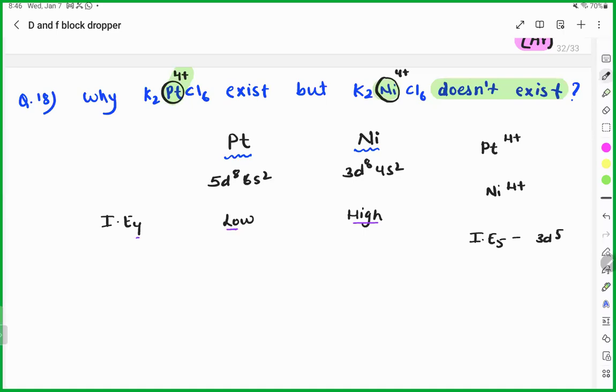It means removal of the second electron from 4s is comparatively easier. Make sense, guys? But in case of platinum, as you go down the group, fourth ionization enthalpy means you will see that 5d6 is stable.